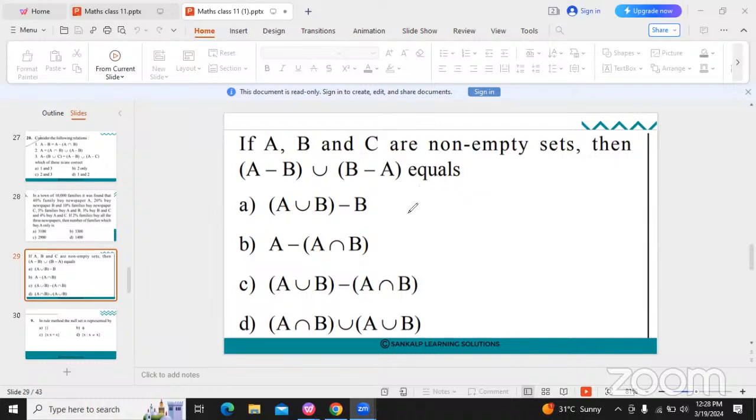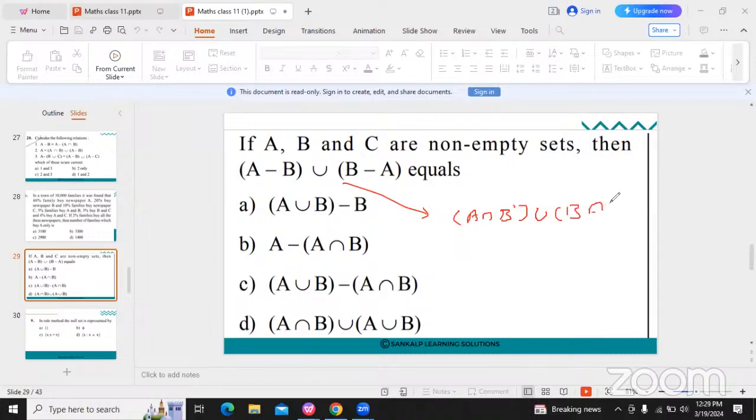If you consider these sets A, B, C, that is A minus B union B minus A. If you write this one more time, I can rewrite this as A intersection B dash. A minus B means what? A intersection B dash union B minus A, in the sense what? B intersection A dash.